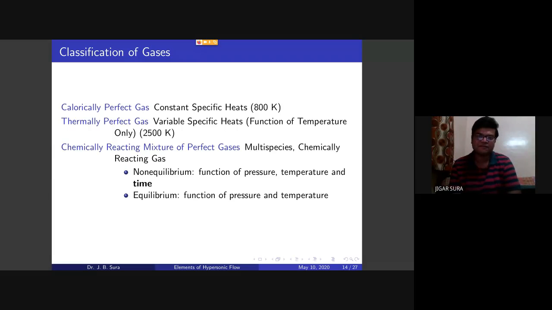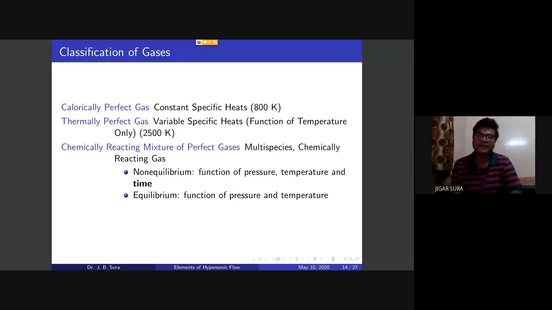If you take a reading of temperature or pressure or some other property which you can measure, like sound, every 1 microsecond, you will see the fluctuations of pressure and temperature initially. That is the non-equilibrium we are talking about, because with time, in terms of microseconds or milliseconds, we are seeing the change.